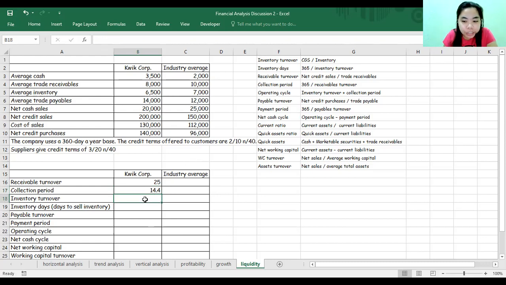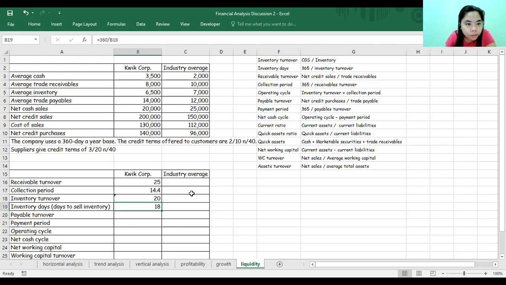Inventory turnover is your cost of goods sold, the cost of sales, divided by your inventory. So it's 20. Your inventory days to sell is 360 divided by your inventory turnover.